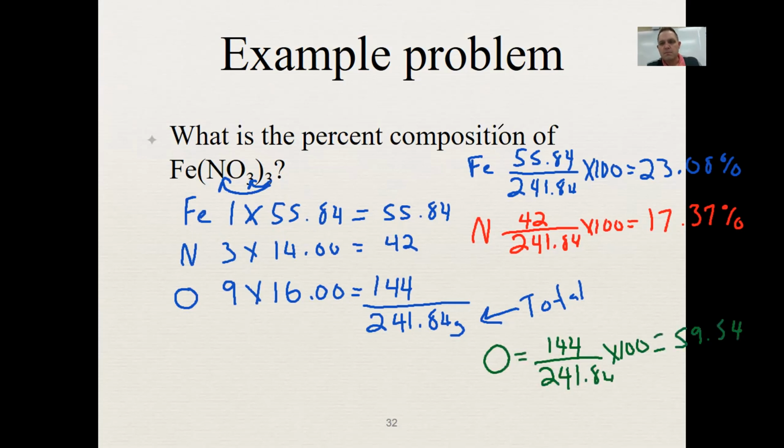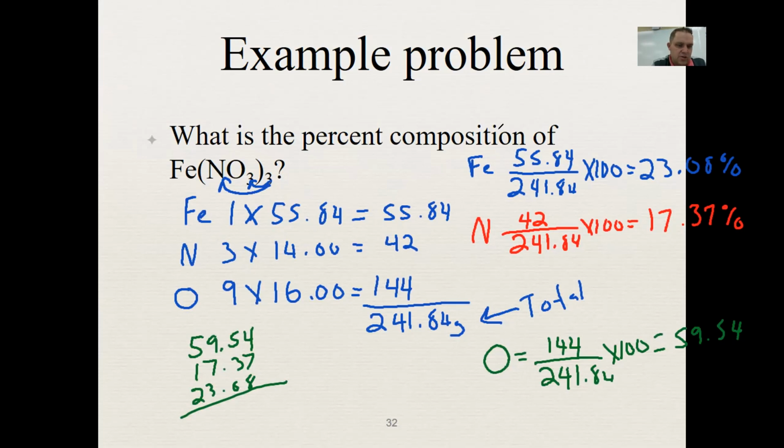59.54. Now, just to make sure to see how close we are, I'm going to take those percentages and add them up. So I got 59.54, a 17.37, and a 23.08. To save me time, I'm going to plug these in my calculator.